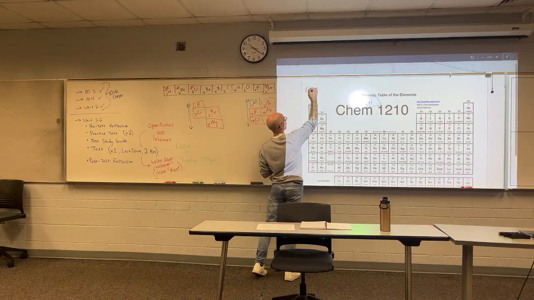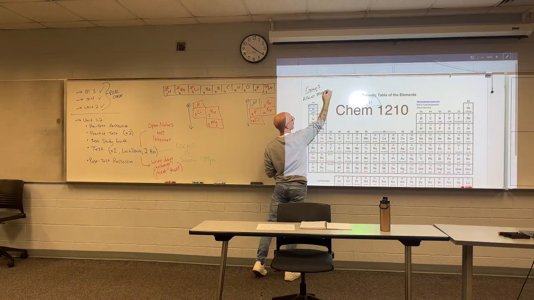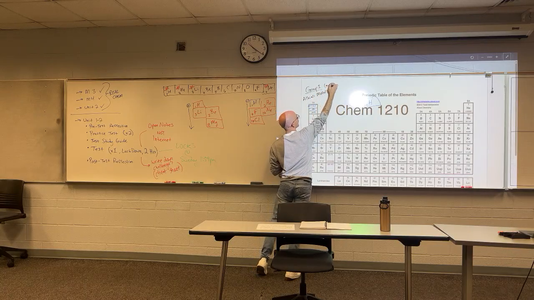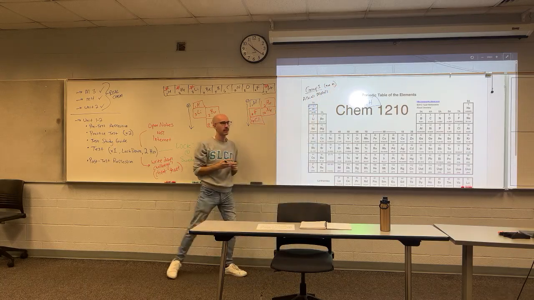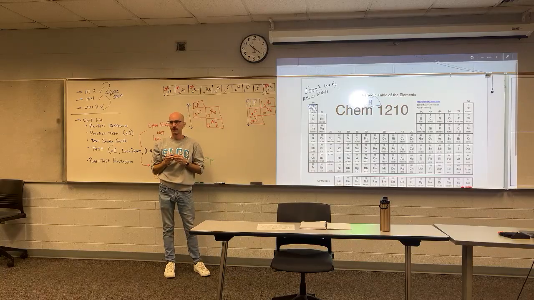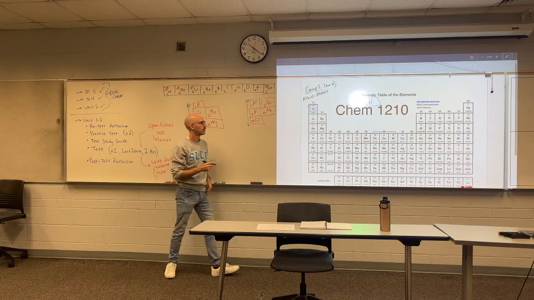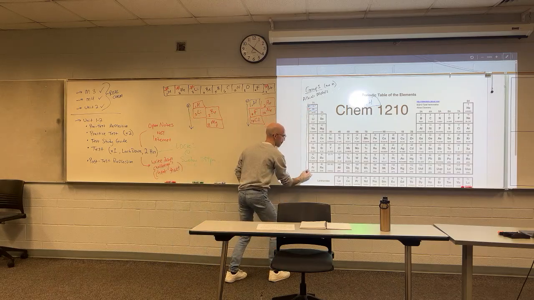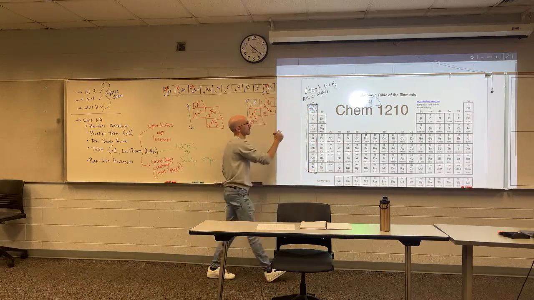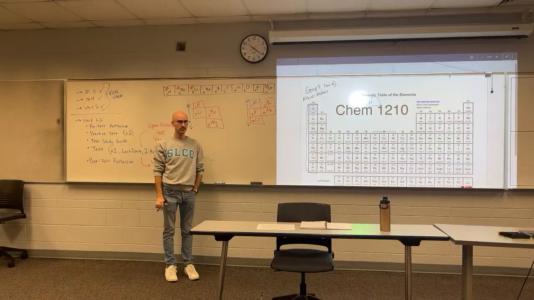Group 1A, often called group 1. These are the alkali metals. Keep in mind, hydrogen is not here, despite being drawn in this family. This is group 1, the alkali metals.